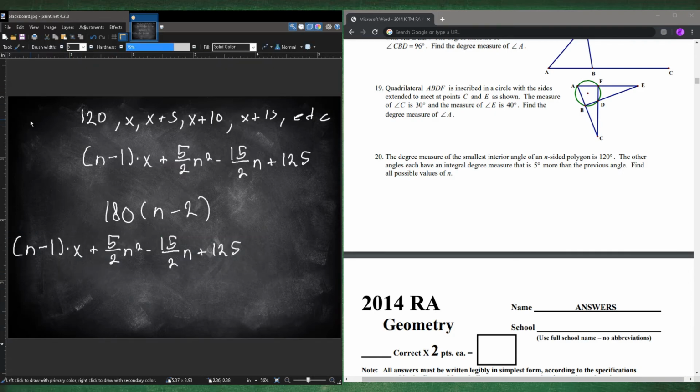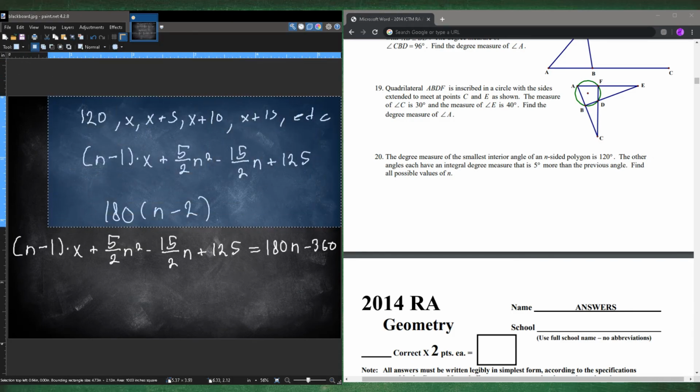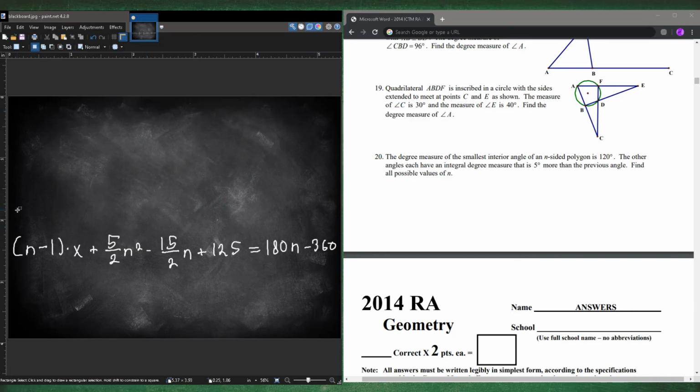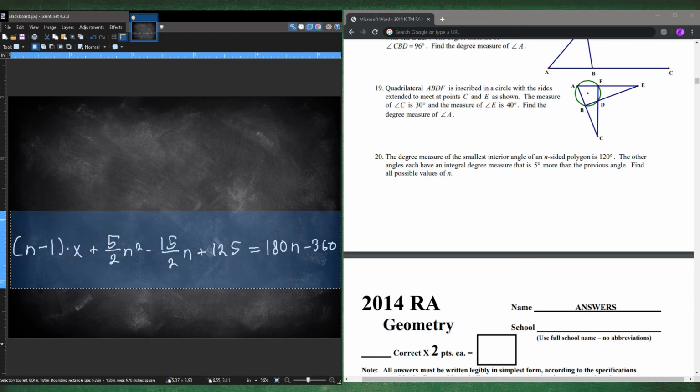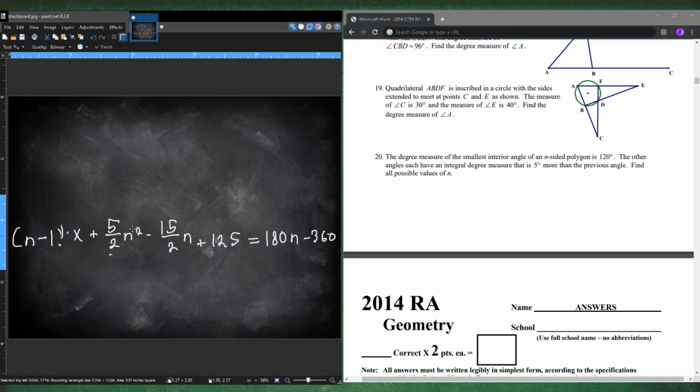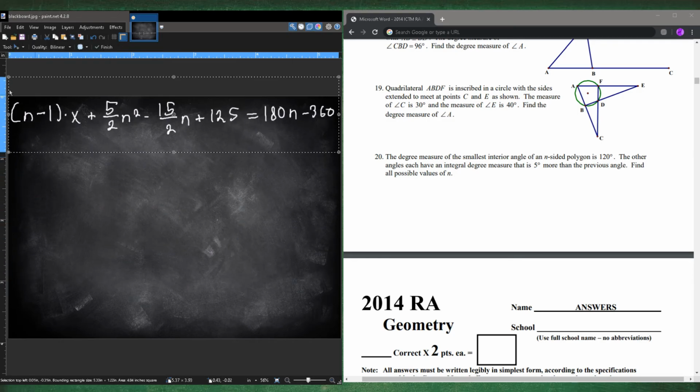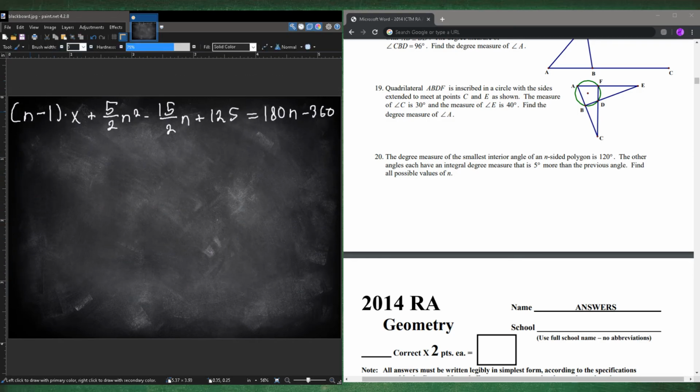This is equal to 180n minus 360. I just simplified that out. And now we don't need any of this anymore because we just need to find all values for n. So let's move that up. I'll be working with this equation right now.